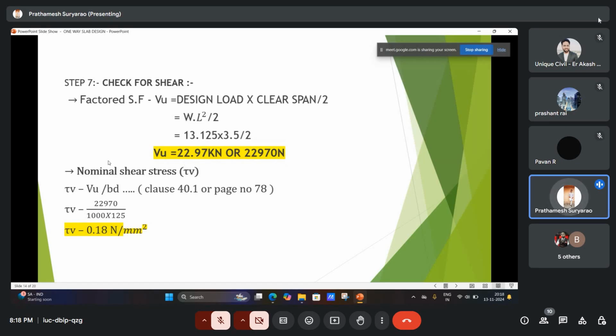Now we have to calculate the nominal shear stress tau v, which equals Vu upon b into d. For nominal shear stress, there is a formula at page number 73 or clause 40.1. After putting in these values, we will get tau v as 0.18 Newton per mm square.